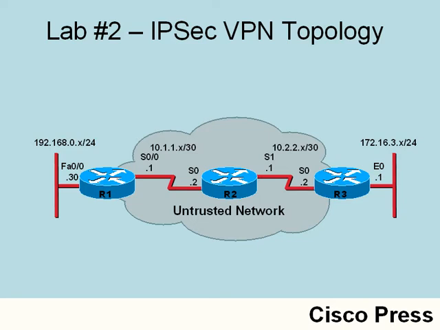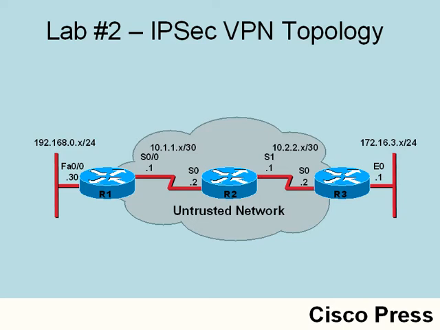When that subnetwork transmits information over to the 172.16.3.0 network hanging off of Ethernet 0 on router R3, we want to make sure that that data has not been modified in transit. That's one of the things that an IPsec tunnel can do for us.